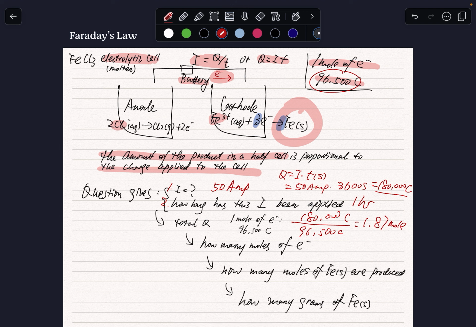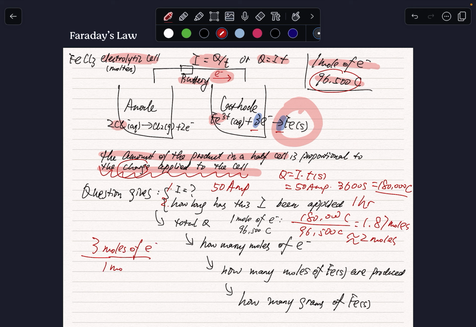So let's just say 2 moles to make life easier, okay? Let's say it's just 2 moles of electrons that we applied, okay? So 2 moles of electrons are applied to the cell, right? Because we got that from the charge, from how much charge is applied to the cell, that we know how many moles of electrons are applied. And then, according to this stoichiometry relation, 3 moles of electrons will give me what?